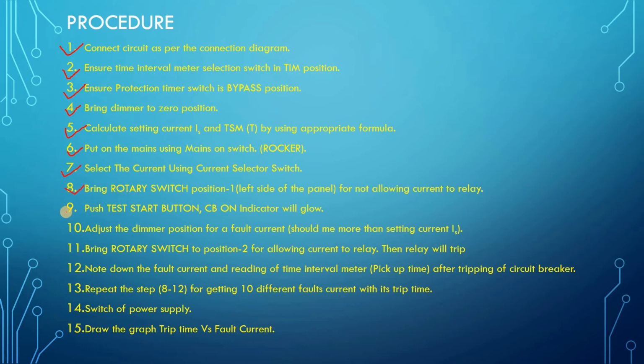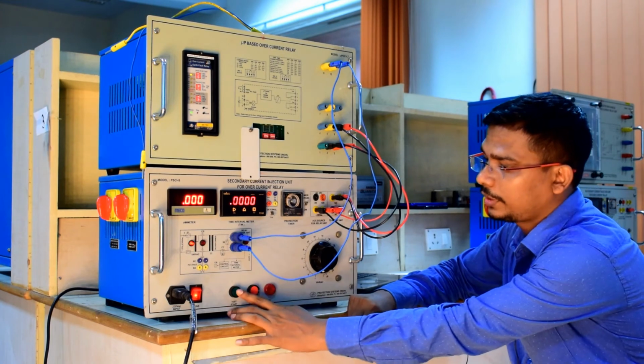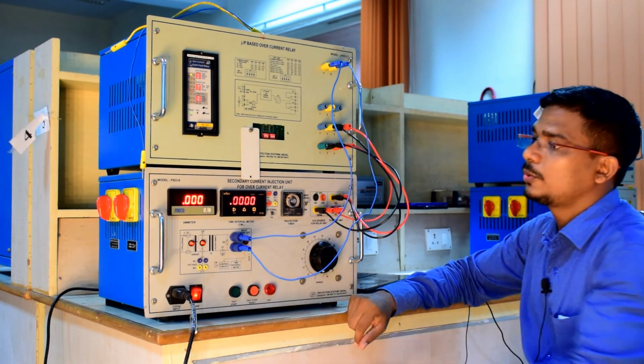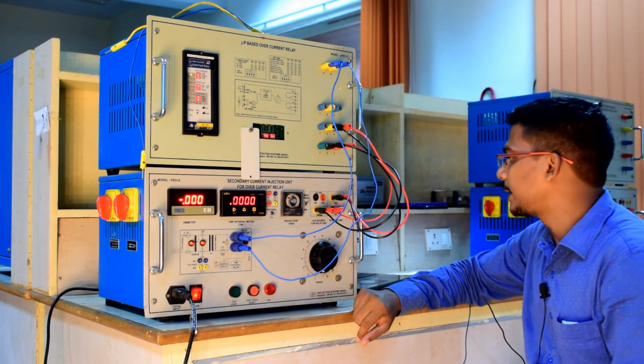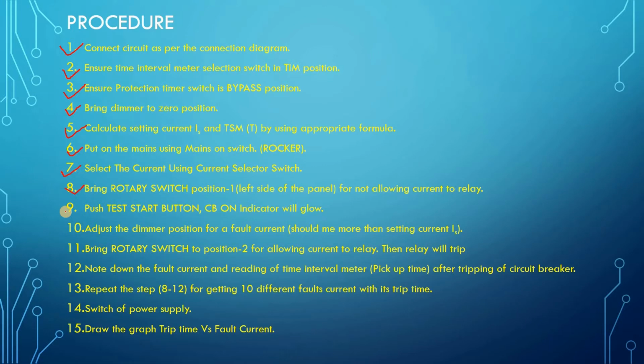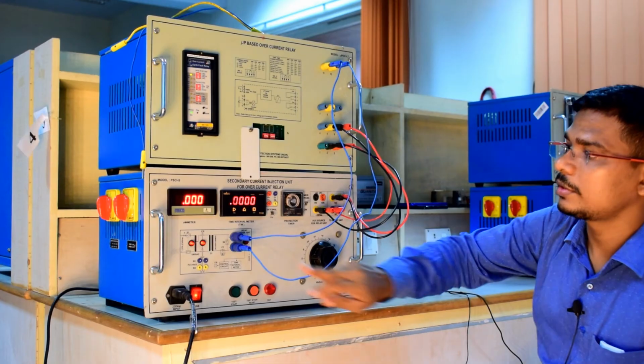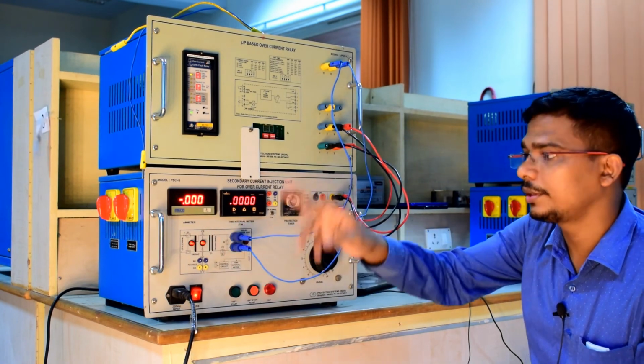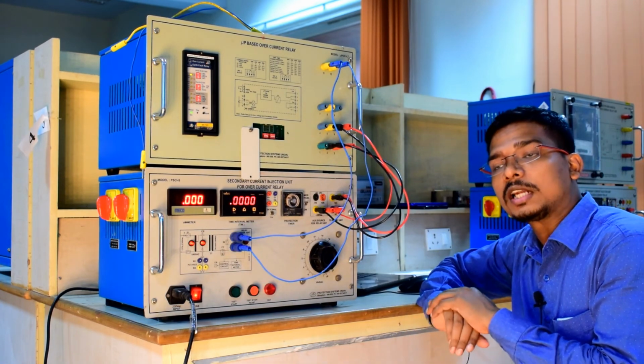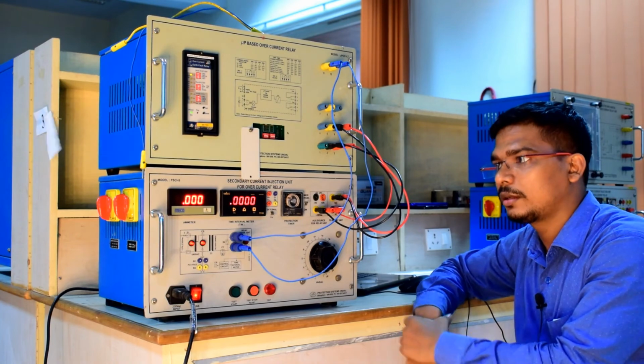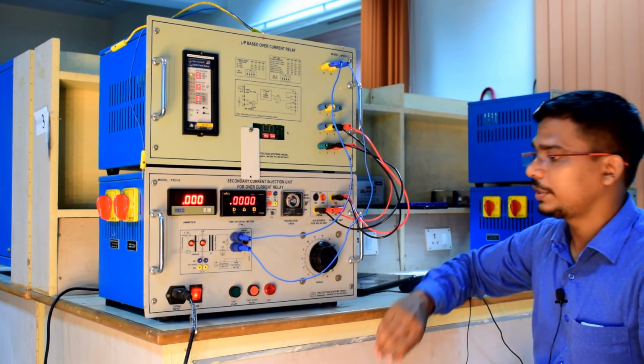Then push the stage start button. The stage start button is pushed, and then, as per the procedure, adjust the dimmer position for a particular value of fault current. For fault current 0.35, because the current selection switch is at position 1, the ratio is 1:1, so we just have to see 0.35 here.